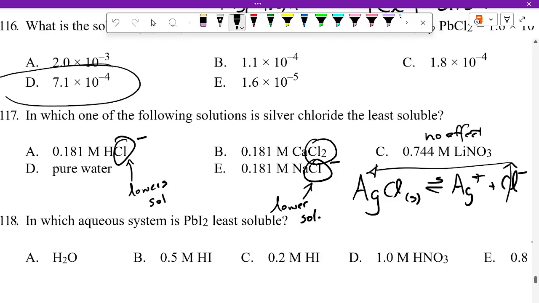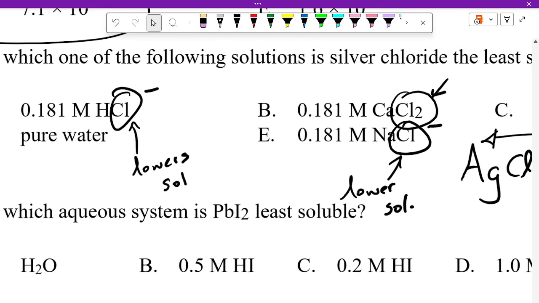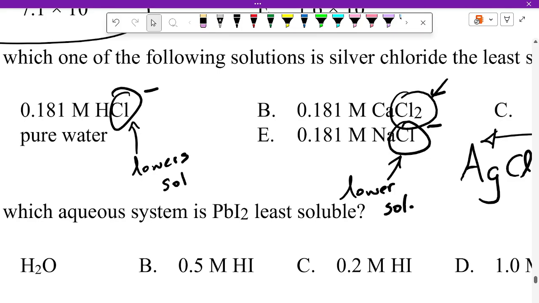Now, so I have three things that lower the solubility. Which one will lower it the most? CaCl2, why?